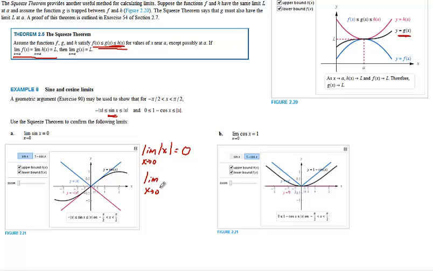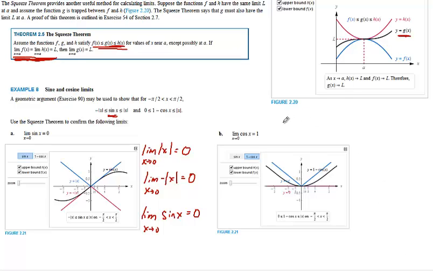The limit as x goes to 0 of negative absolute value of x also equals 0. I have this condition right up here, where the limit as x approaches 0 of the function below and the function above both equal 0. Then what follows is that the limit as x approaches 0 of sine x must then be 0. Alright.